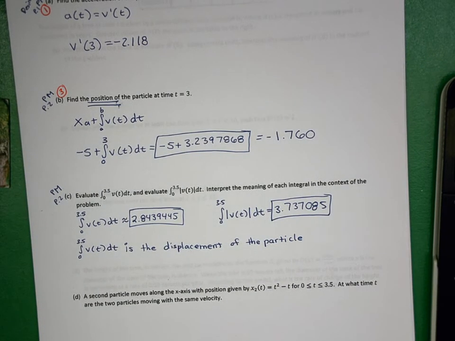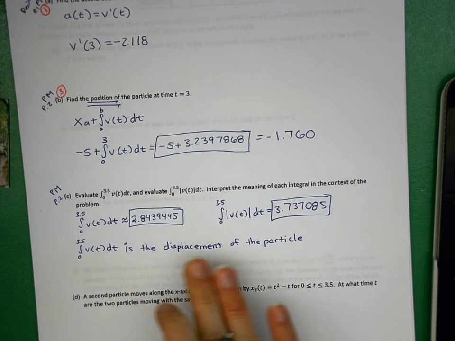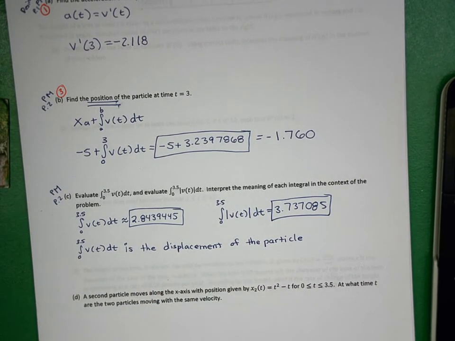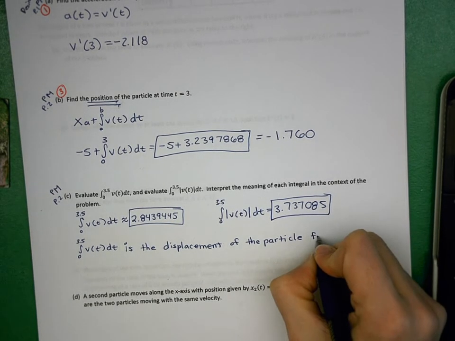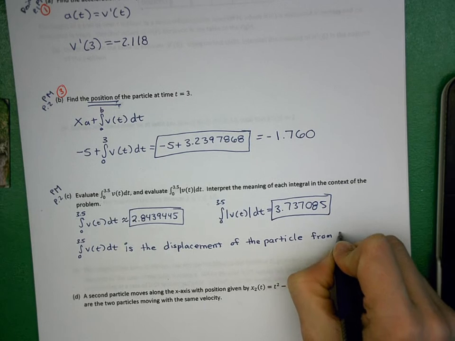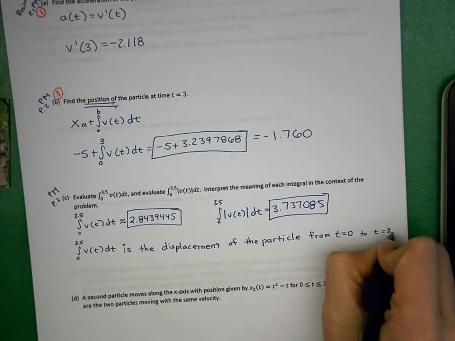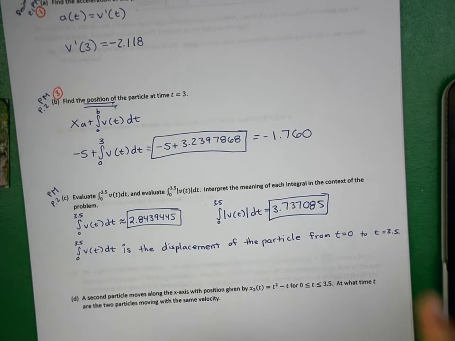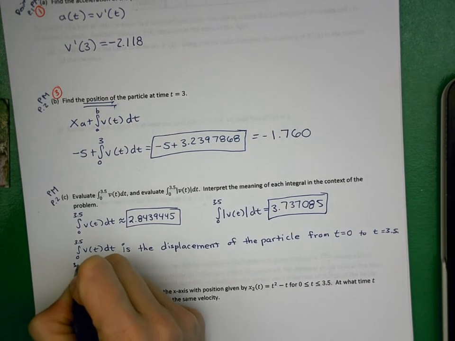So if we did know how much distance was moved here, you'd say the displacement in meters or the displacement in feet or whatever the case may be of the particle. And then our time is from t equals 0 to t equals 3.5. And again, if we knew time units, so minutes or seconds, we'd include that in our description.